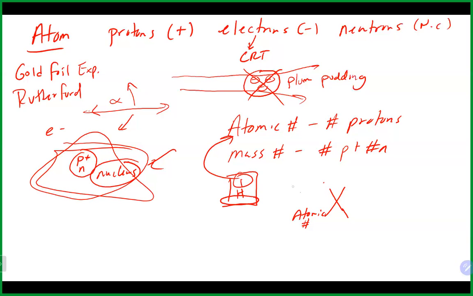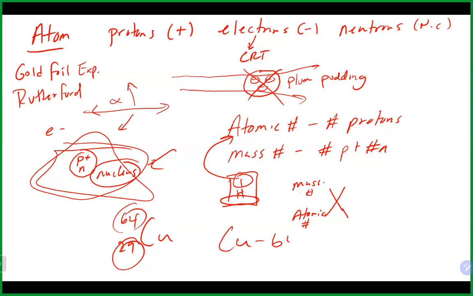So like copper 64, 29: 64 is the mass number, 29 is the atomic number. If you subtract the two, it gives you the number of neutrons. So if you take the top number minus the bottom number, that will give you the number of neutrons.